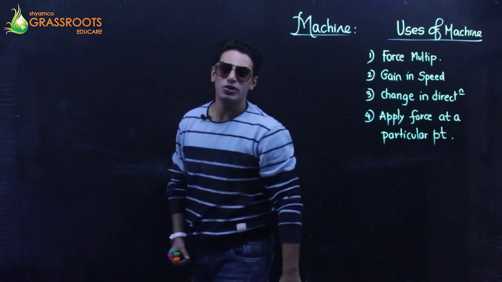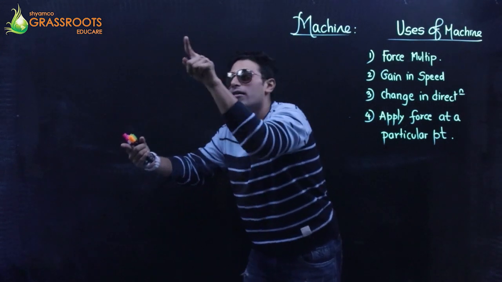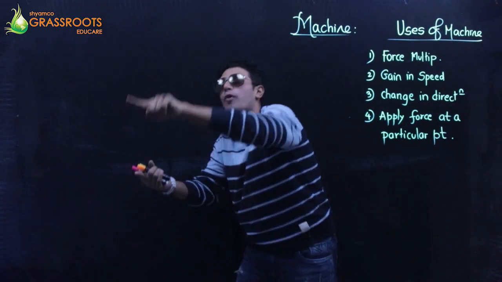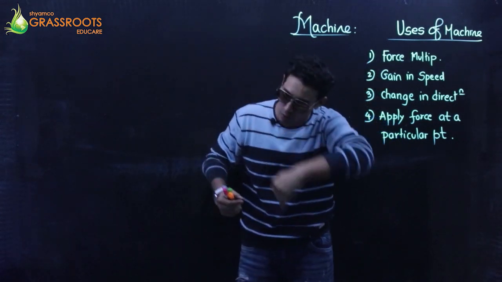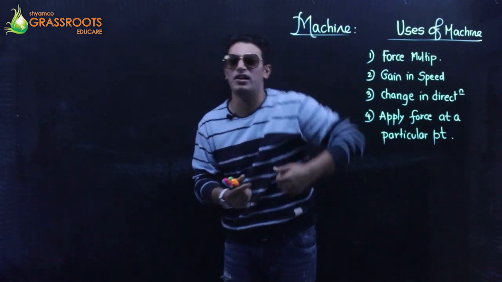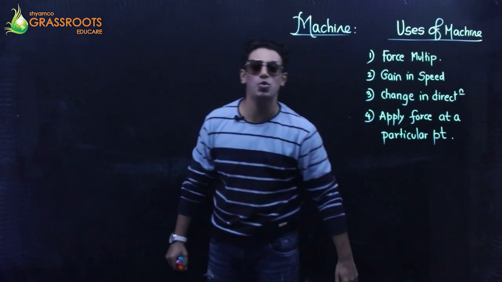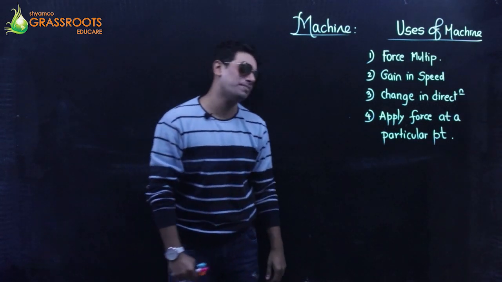That's heavy. So what I do is I use a pulley. A pulley. Okay, there is a rope tied to a pulley. I just have to pull it down. So can I say it is with gravity? Obviously, pulling up something is so difficult. Pulling with gravity is so easy. Change in direction. So pulley acts as a machine.